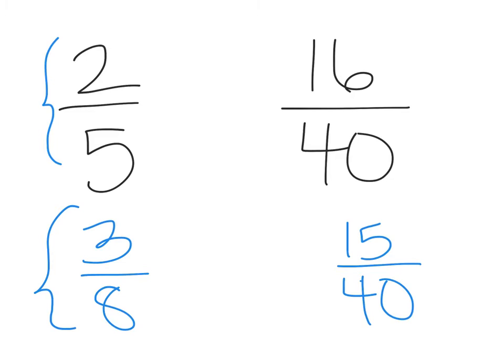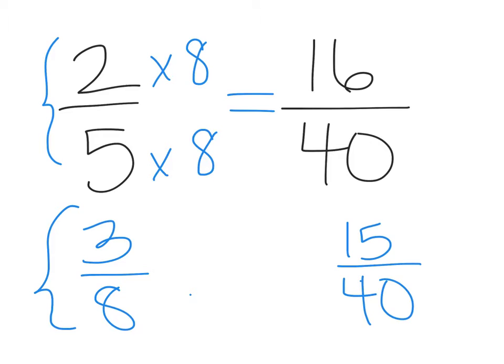So we need to figure out what did I multiply 5 by to get 40? You should have said 8. Whatever you do to the bottom, you do to the top. 2 times 8 is 16. So 2/5 is the same as 16/40.